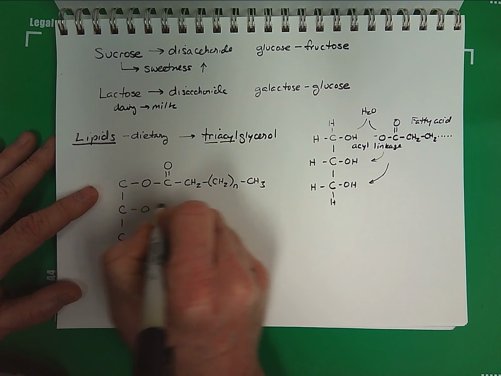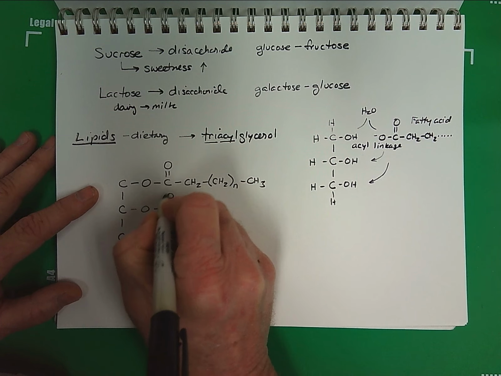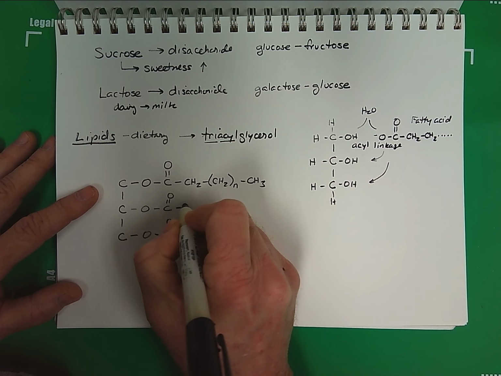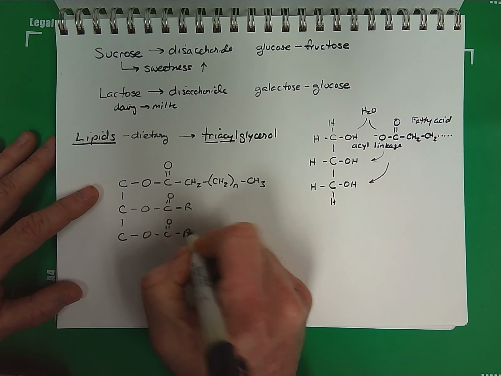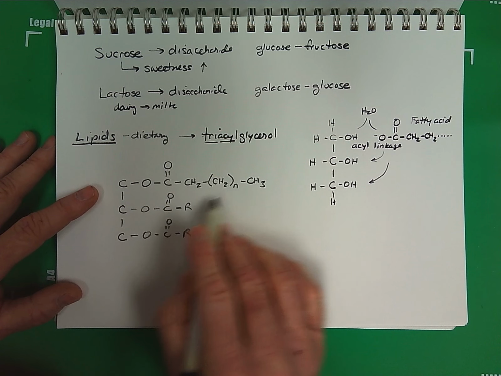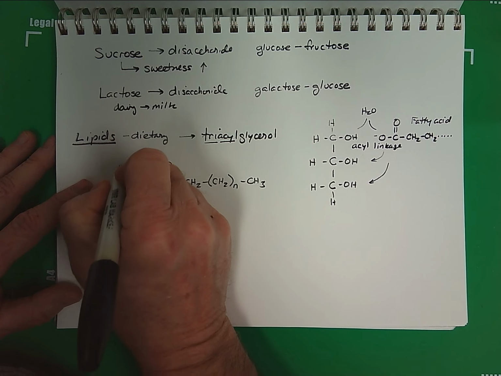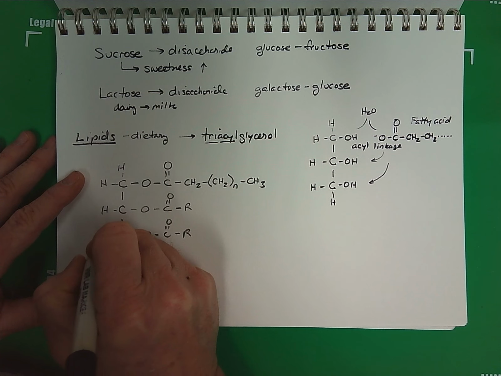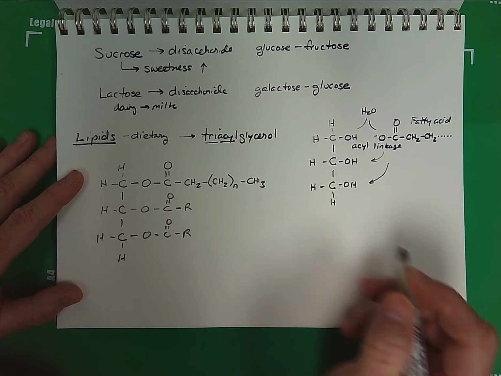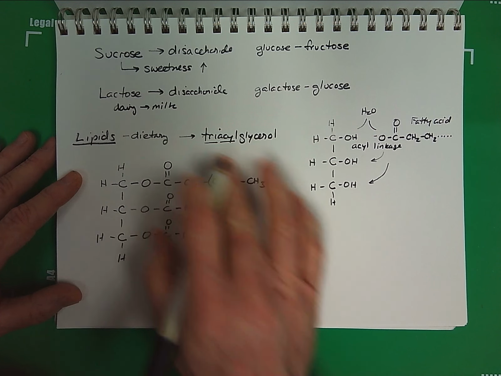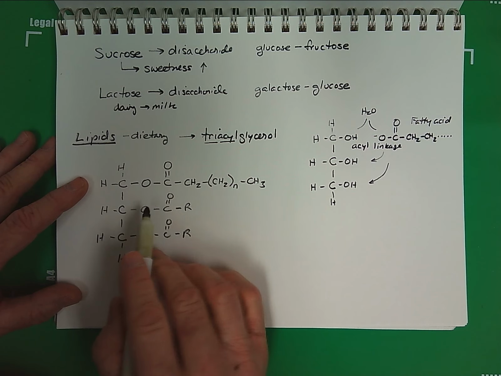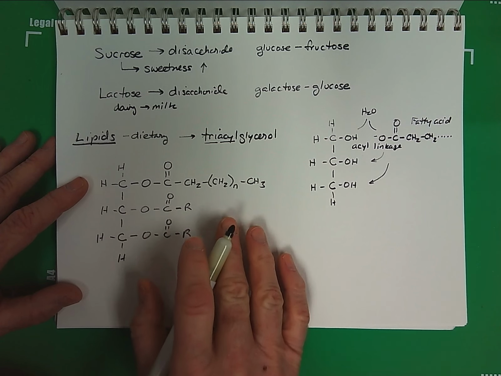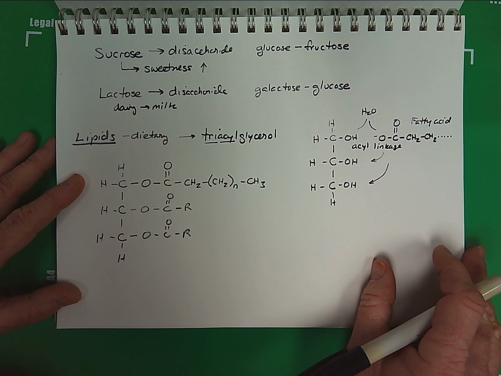We will have 3 of these on these carbon backbones of glycerol. I will just refer to this as R, being the long hydrocarbon chains. If we complete our hydrogens on our carbon backbone, we have the complete structure of a triacylglycerol. And this is the major form of our fats in our diet.